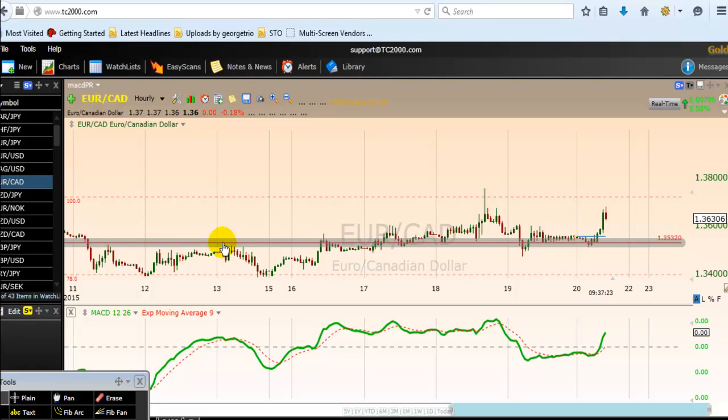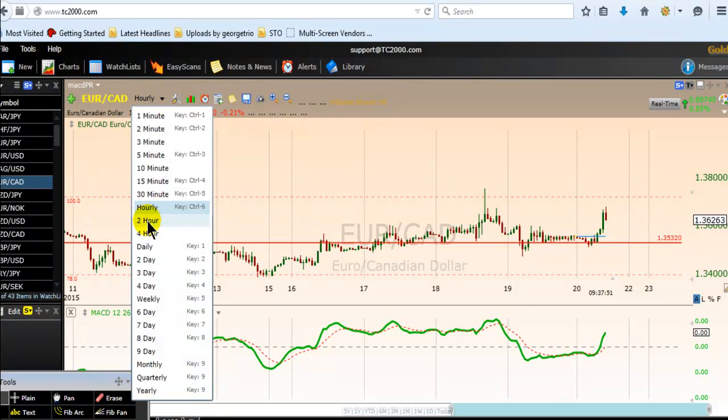A converted resistance level is a support level that has turned into a resistance level. So let's see if we have one example here when a support has become a resistance level. Let's go for instance to the 2-hour chart.